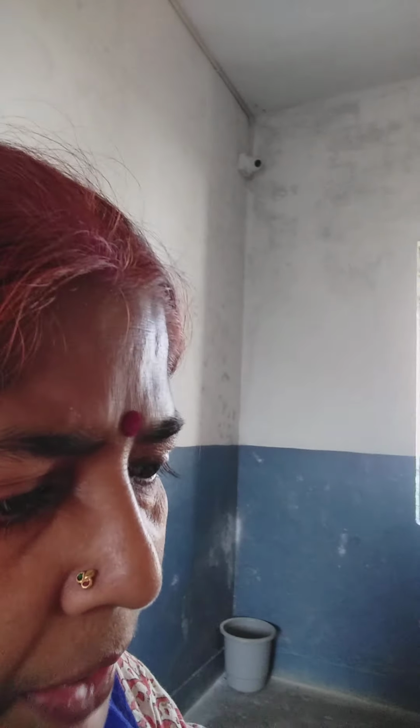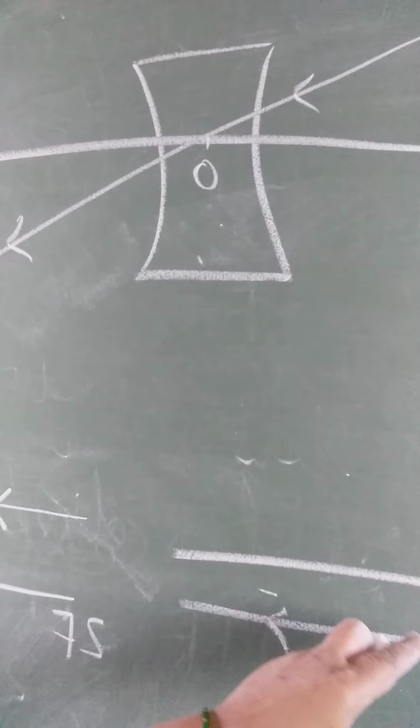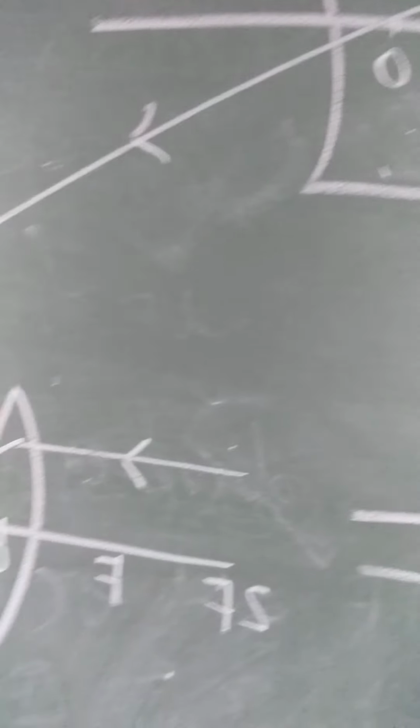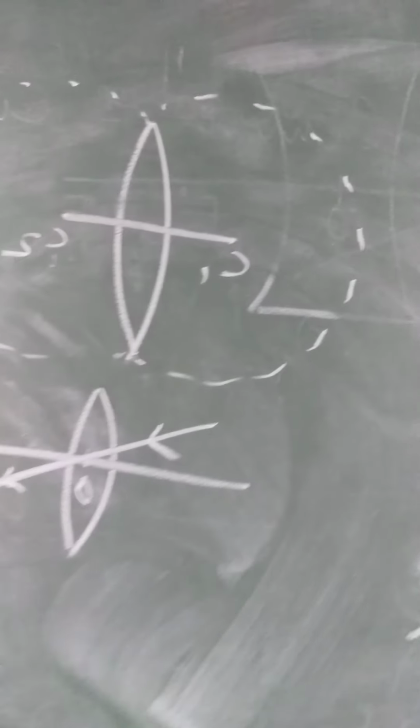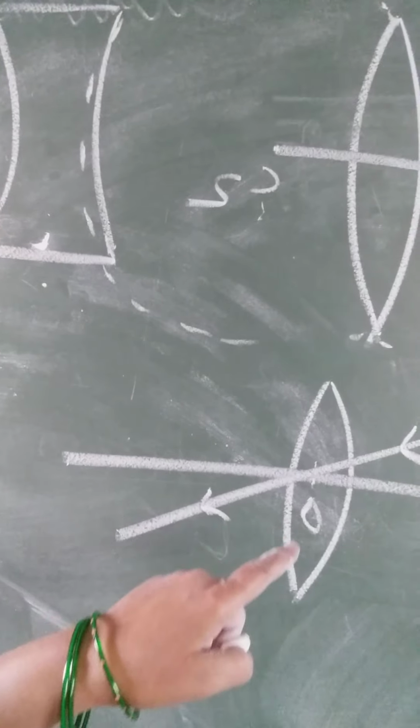First special ray: if the ray is coming parallel to principal axis, then after refraction it will pass through focus. Second, if the ray is coming through focus, then after refraction it will be parallel to principal axis. Third special ray, if the ray is passing through optical center, it will remain undeviated.